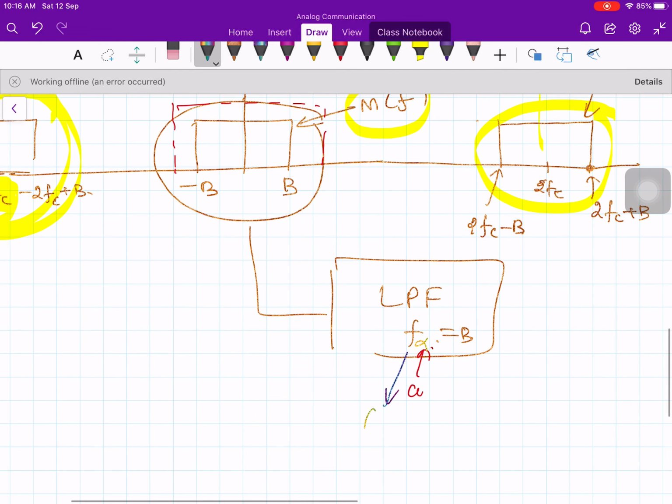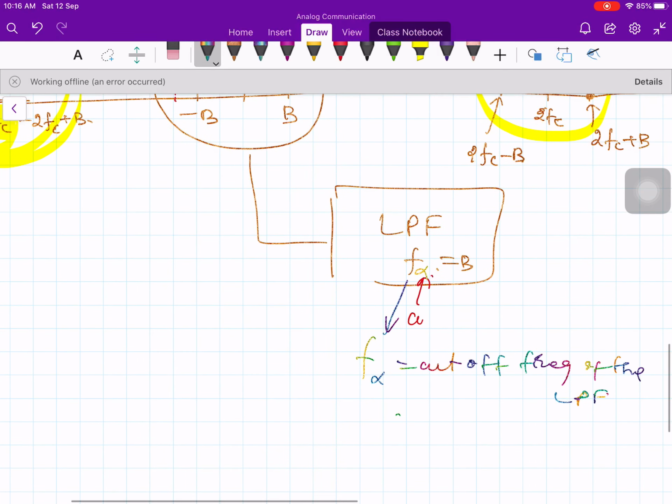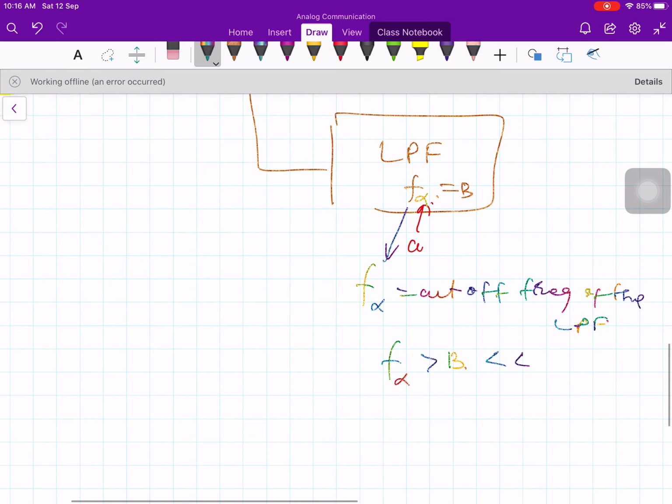F alpha is the cutoff frequency of the low pass filter, and let us choose this f alpha greater than b, but much less than your fc.